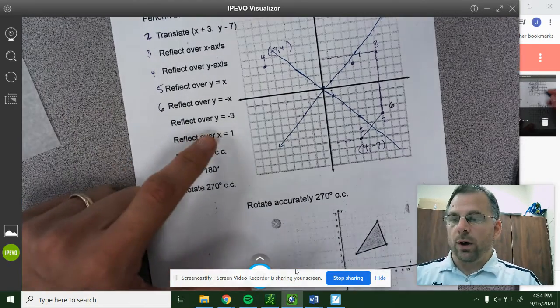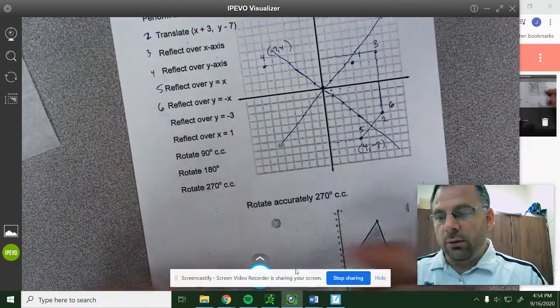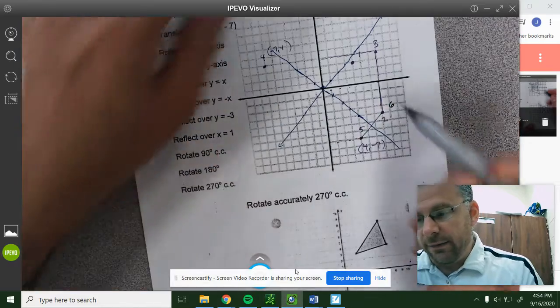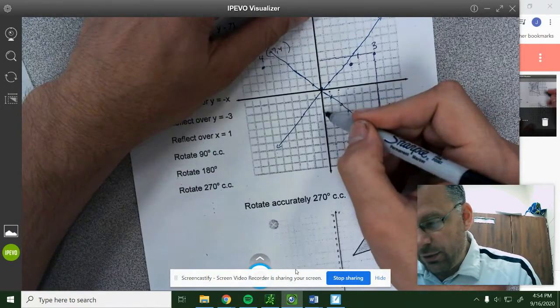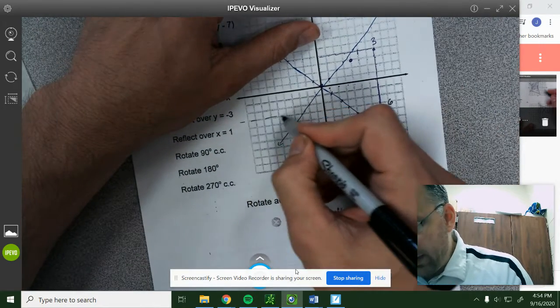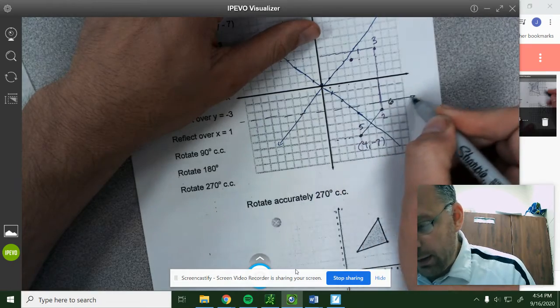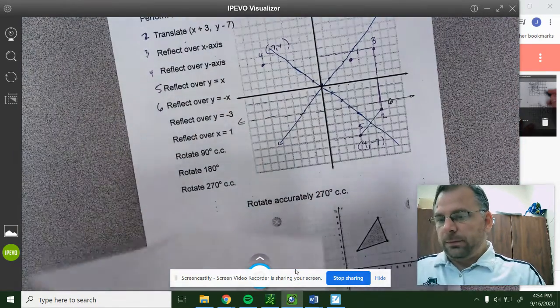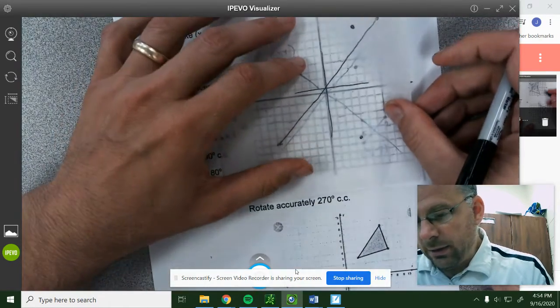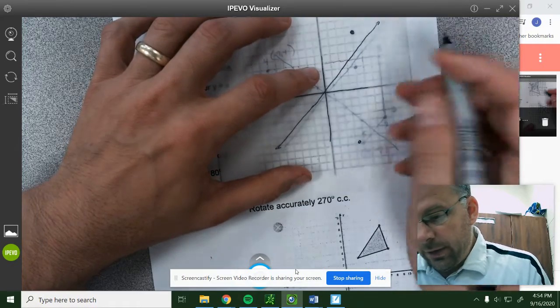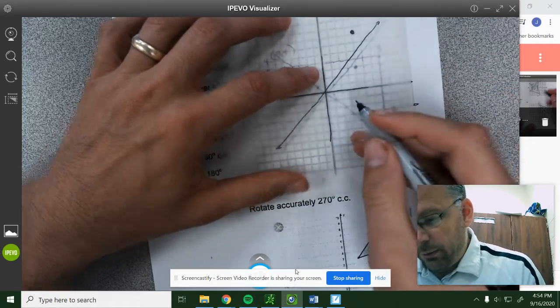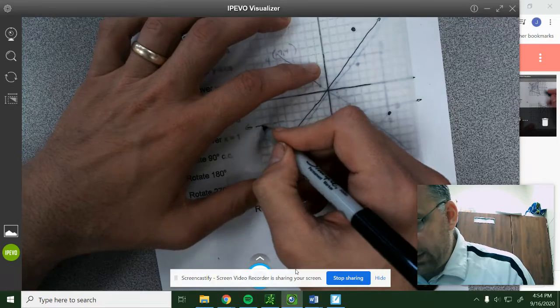Reflecting over the line y equals -3. Well, that means when the height is -3. That's this line right here, 1, 2, 3. Here's my line y equals -3. I got my axis. Here's my point. I'm reflecting it over this line.